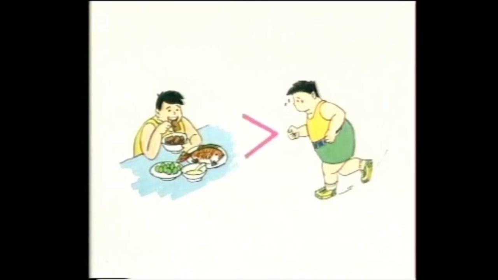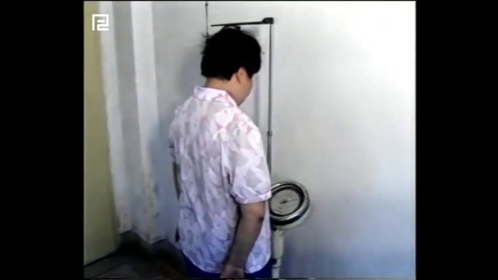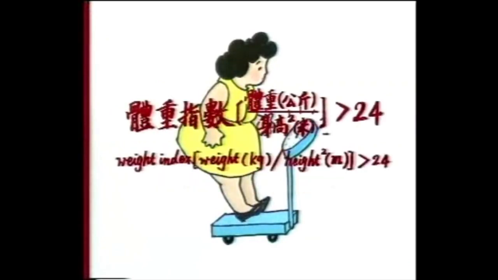The extra quantity of heat turns to fat and accumulates in the body, resulting in overweight, 20% more than normal index. There are two calculating methods of obesity. One, actual weight is 20% more than standard weight. Two, body weight index is over 24.